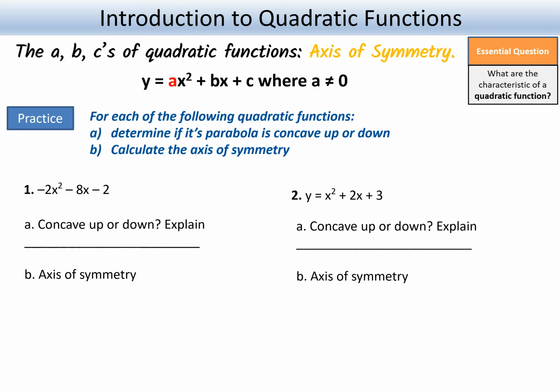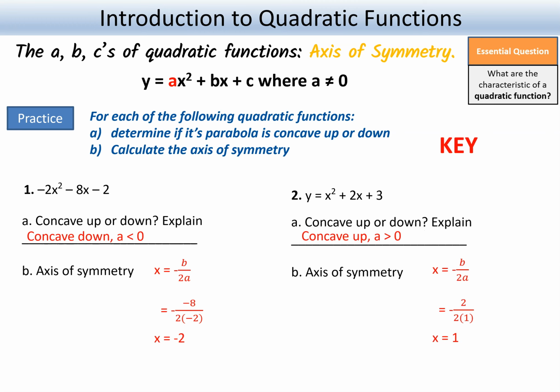So let's practice a little bit. Let's see if you can determine if the parabola is concave up or concave down, and calculate the axis of symmetry. Okay, so the first one is concave down because our coefficient a is less than 0. And our axis of symmetry for the first one is x equals the opposite of b divided by 2a.